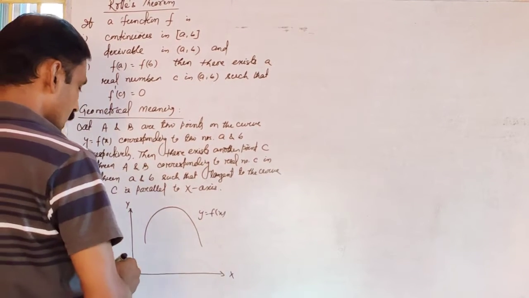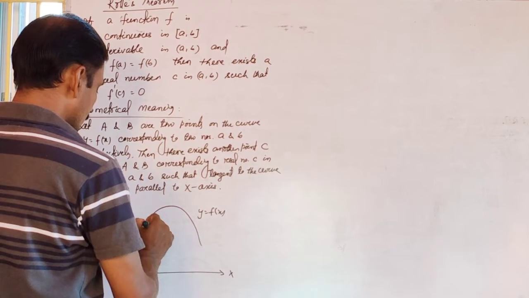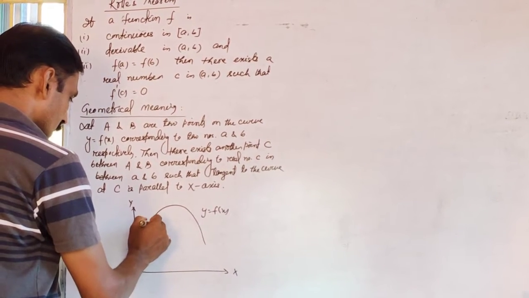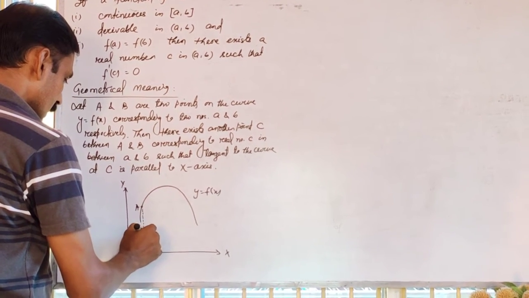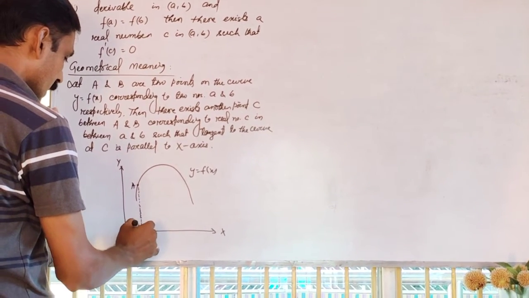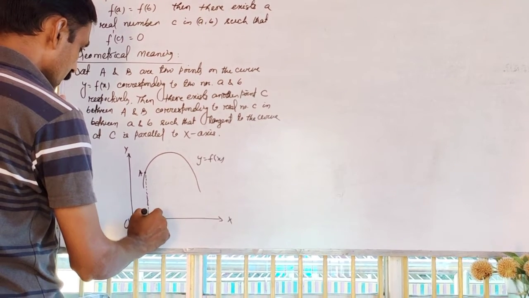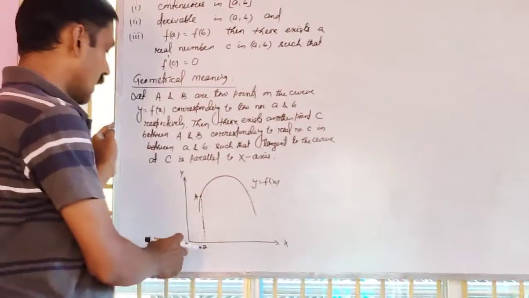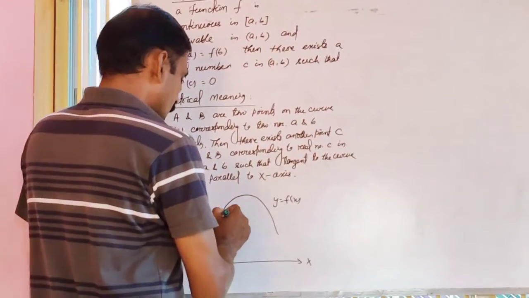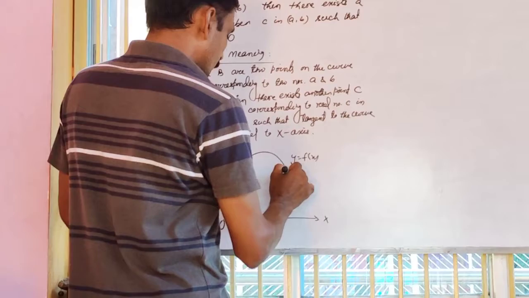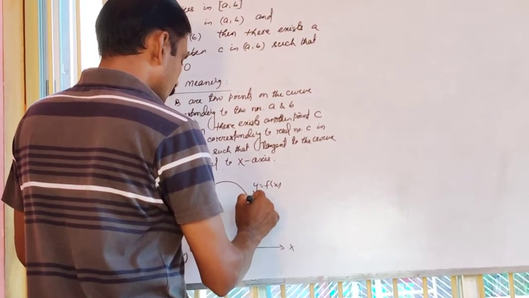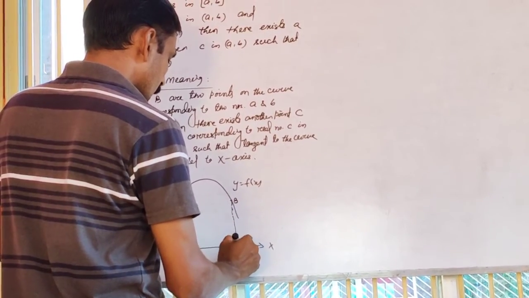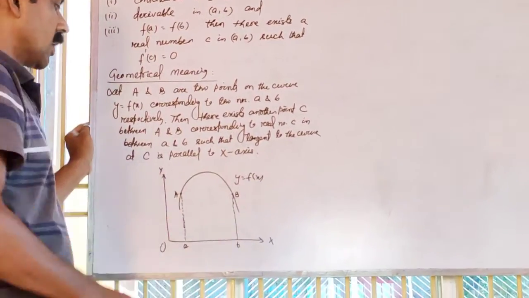Here you select a point A, corresponding to point small a, and here take another point B, corresponding to small b.